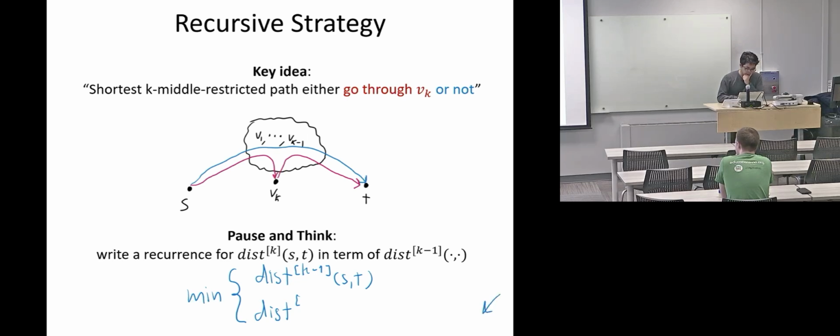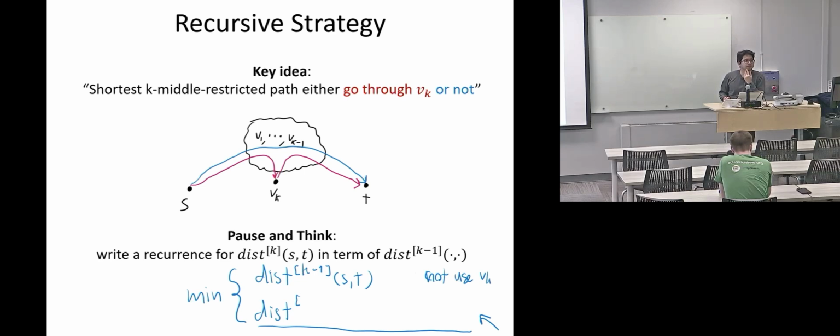It's not clear what you said here. This is the case where we do not use Vk. Does anyone have a suggestion for the other case? How should it look?